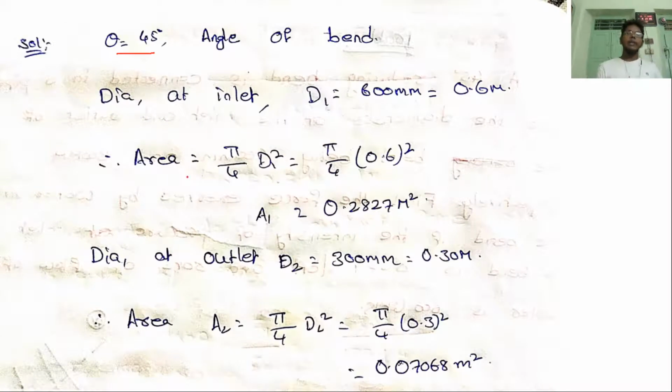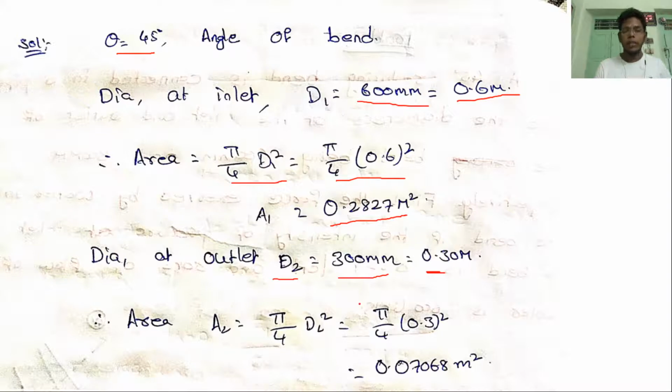Now the diameter at inlet d1 is 600 mm. Converting it into meter, it is 0.6 meter. What is our area formula? That is pi by 4 into d1 square. Pi by 4 into 0.6 square, that is A1 equal to 0.2827 meter square. Now the diameter at outlet d2 is 300 mm, that is 0.3 meter.